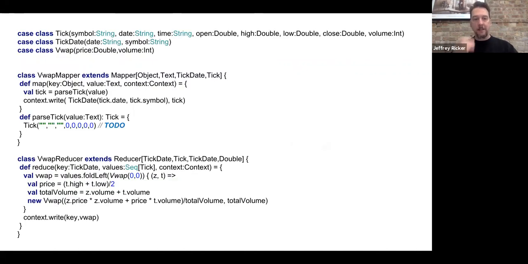So that's what the second thing here does: it gets a tick date and a sequence of those ticks, and then it does a simple mathematics of a fold left here, where it's just iterating over that list and doing the math of creating that volume weighted average price. And then at the end, it writes out the key and that volume weighted average price.